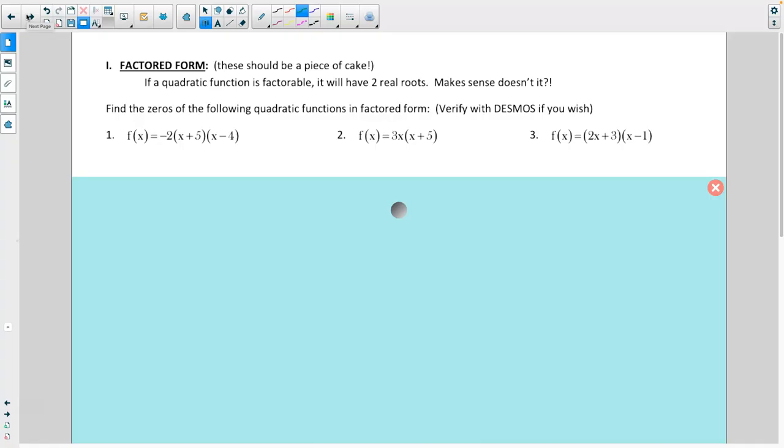I'll draw it on the board here. That's the quadratic I have. Now you can't tell me what the coordinates are because I don't have any tick marks or anything like that. But you could tell me the y-coordinate. What's the y-coordinate for both of those? 0.